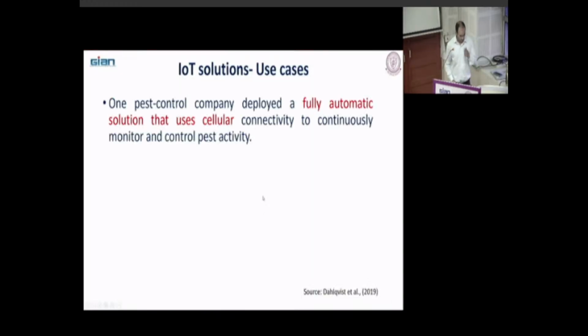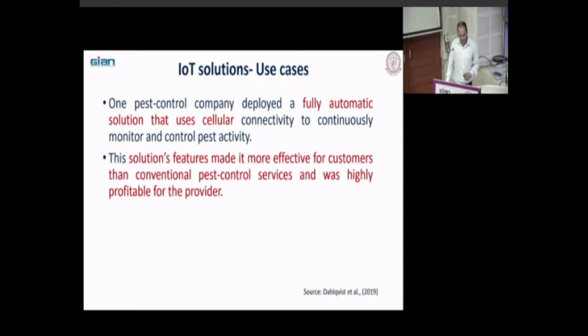Okay. So here one pest control company deployed a fully automatic solution that uses cellular connectivity to continuously monitor and control pest activity. So traditional operations you can convert with the help of these IoT devices into a digital format, to streamline those operations and reduce time and cost. So this company's pest control activity, they converted into digital form with the help of IoT devices.